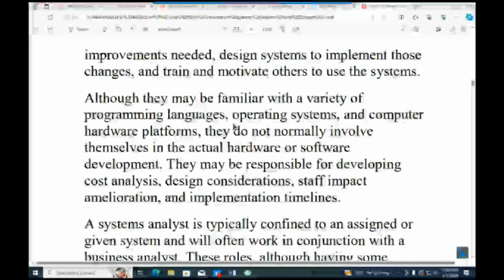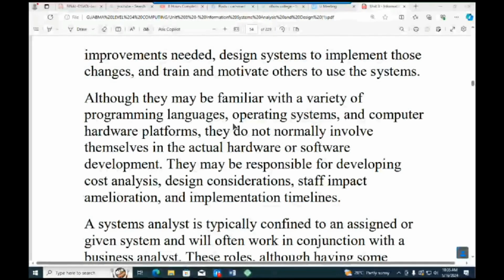Now, a system analyst might be familiar with some programming languages, but it's not necessarily that they need to have programming experience. They might have some familiarity with programming languages, with operating systems, and they must have some familiarity with computer hardware platforms.